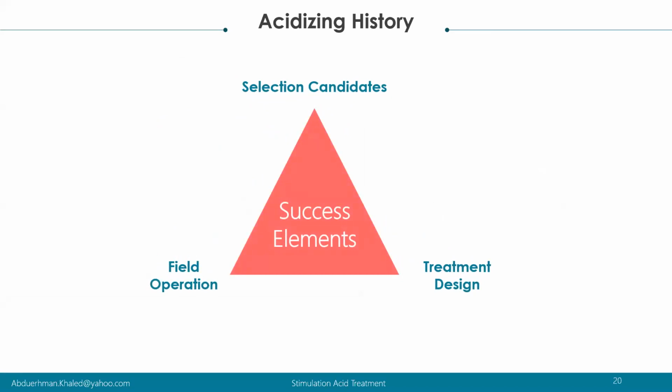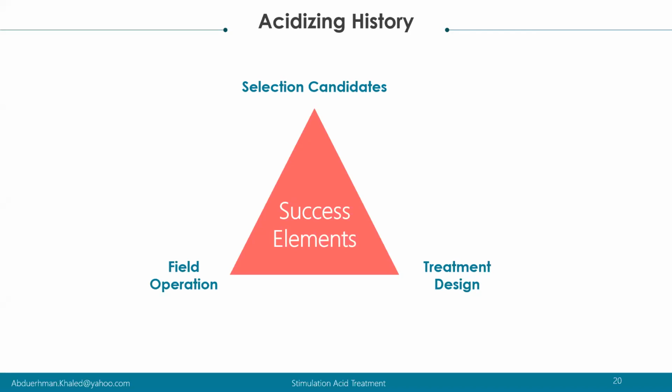Here we have the success elements of any acidizing job. In fact, there are three main elements in the triangle: the candidate selection, the treatment design, and the field operations. If only one of the three elements is not well optimized, the project will not be successful.